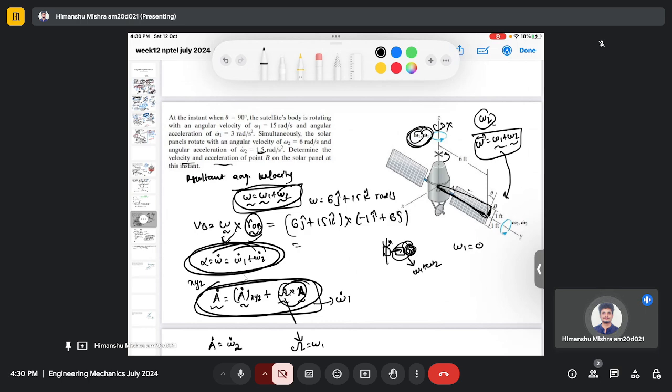On calculating this, we will get minus 90i minus 15j plus 6k. So this is my velocity.